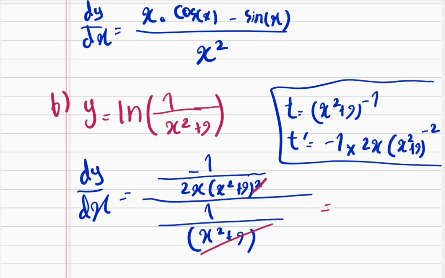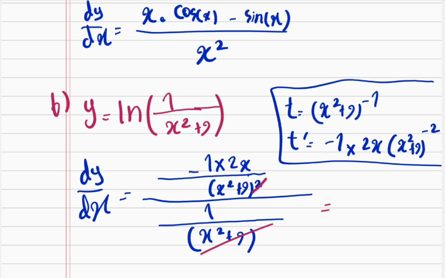I realized that here we have minus 1 times 2x. This 2x is just in the numerator, right? That's not going to be in the denominator. So only x squared plus 9 goes to the denominator because this one has a negative power. But here 2x doesn't have a negative power.